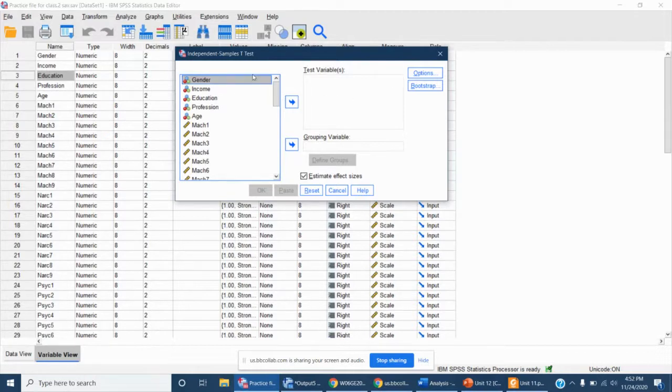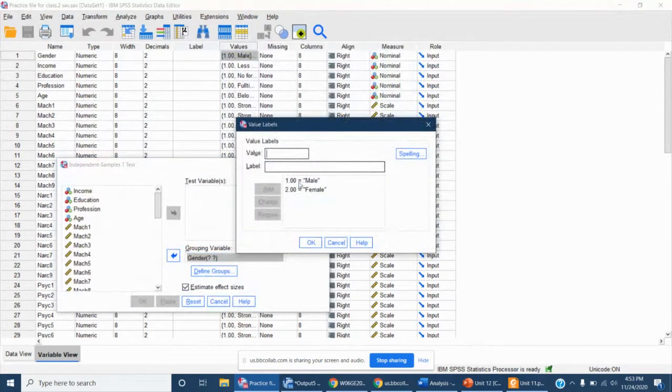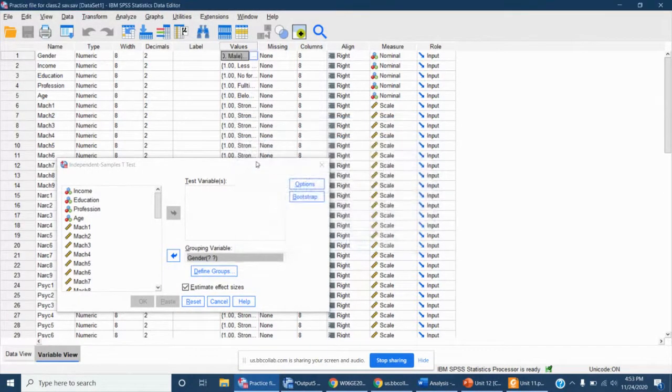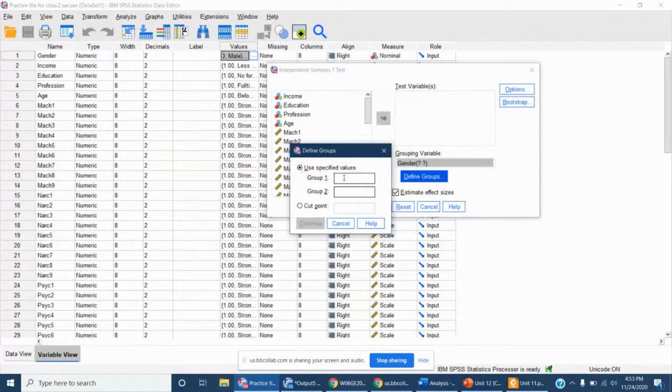Here our gender is the grouping variable. We will put the grouping variable here. Now the software requires us to define these groups as well. Just look at our groups: our first group is male, and our second group is female. The first group is represented by 1, and the second group is represented by 2. So we simply define group 1 as 1 and group 2 as 2.